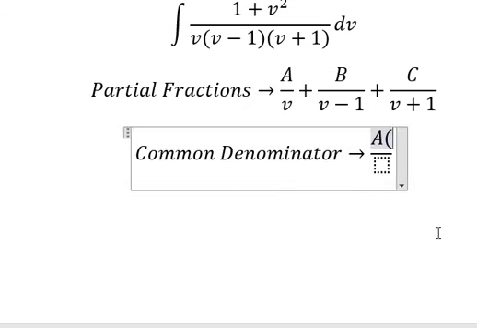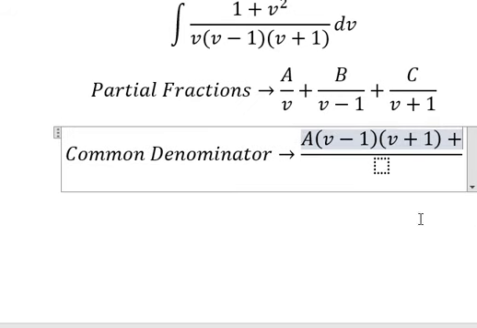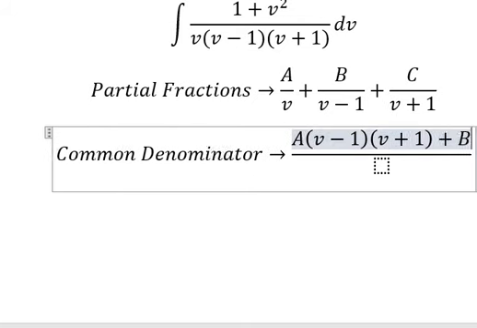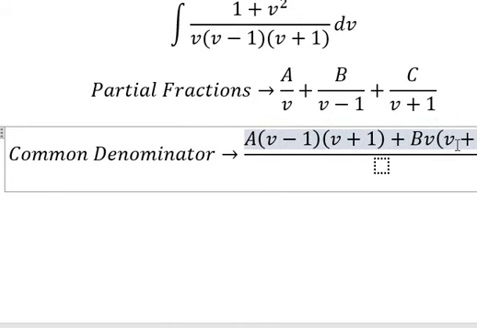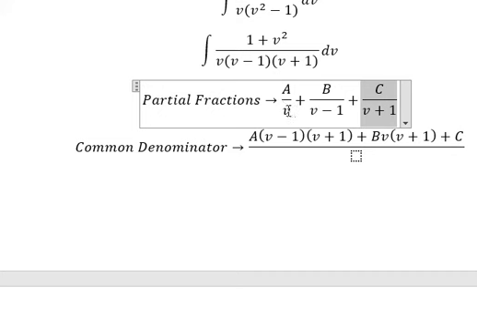So capital A multiplied by v minus 1, v plus 1. About this one, it is missing v and v plus 1. About this one, it is missing v and v minus 1.